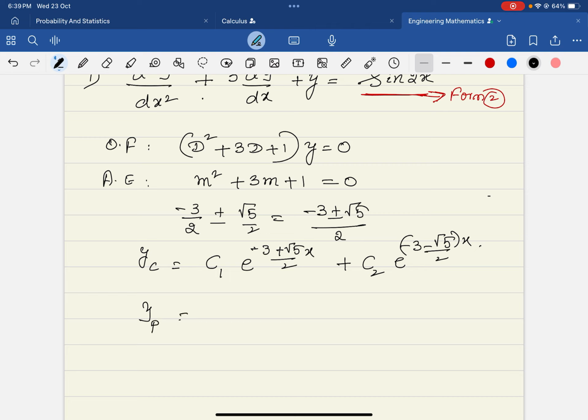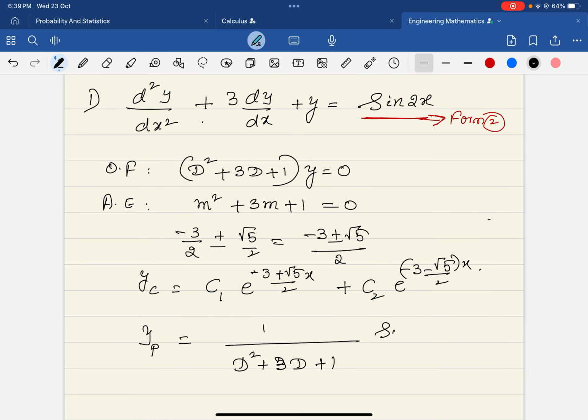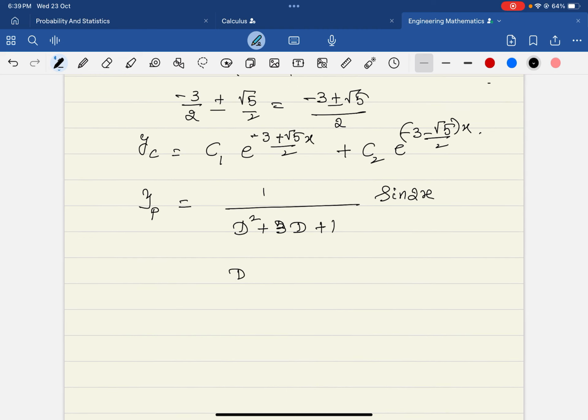Now let us find yp. It is given by 1 over D square plus 3D plus 1 of sine 2x. Now what we have to do is replace D square by minus 2 square, that is minus 4.